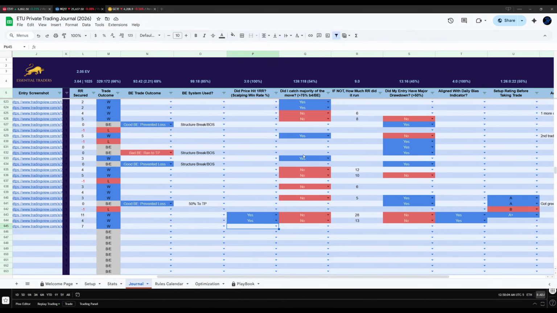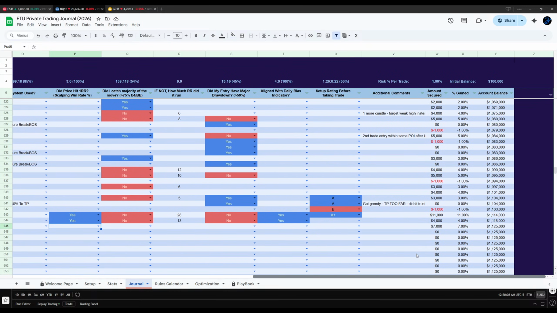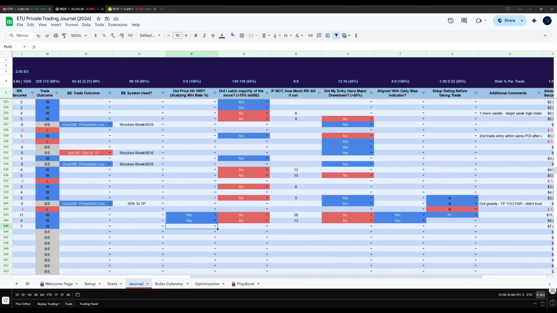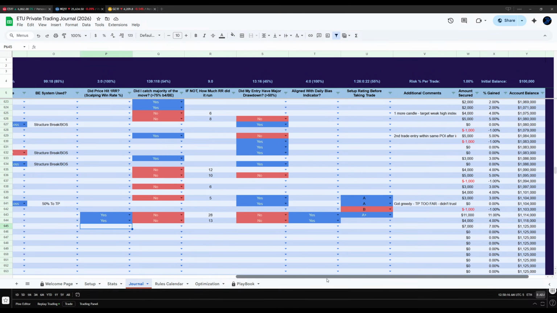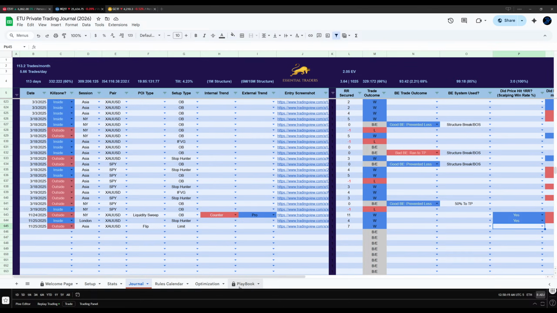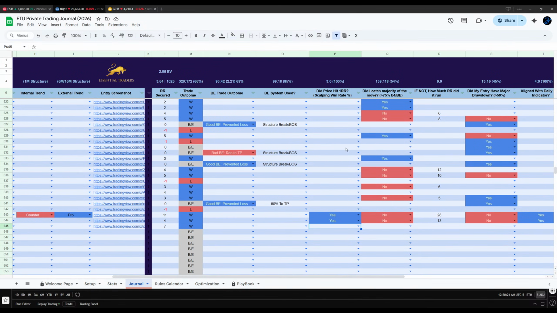Now, if you were to quickly ask me what columns, by this point, you guys get the gist of this journal and how it works. If you want to get rid of some columns, if you find them kind of annoying, I think the columns that probably matter the least are going to be these two. Break-even assistant outcome, you definitely want to track this.